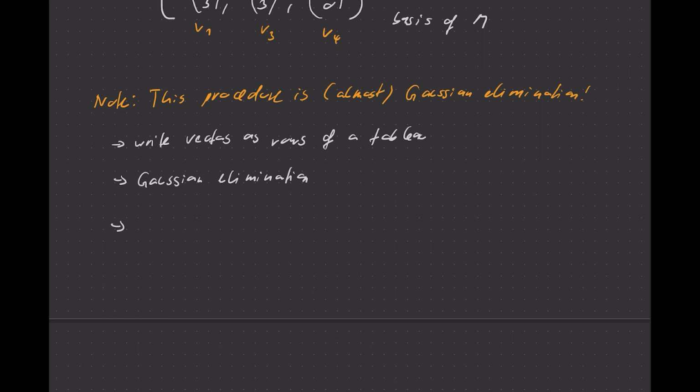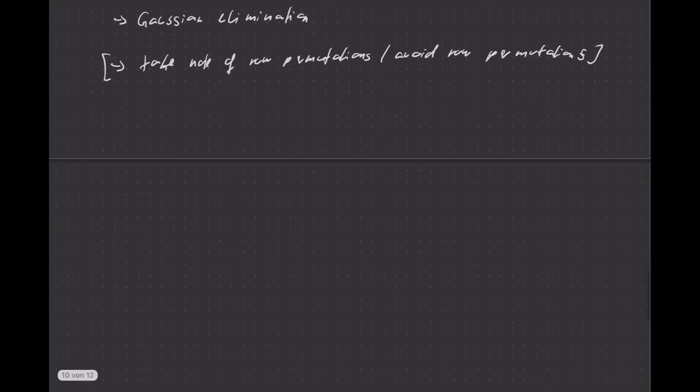The only thing we'd have to take care of is that we either have to take note of row permutations or avoid them altogether. And that's important if we wanted to see the bases in terms of the original vectors. So let's try. What does that mean here in our example?